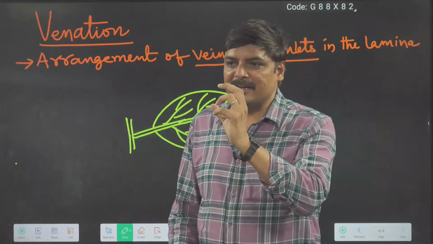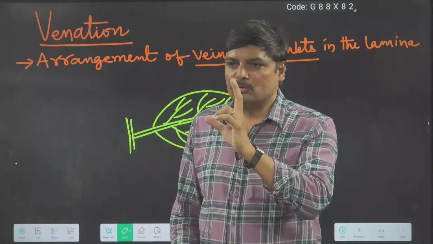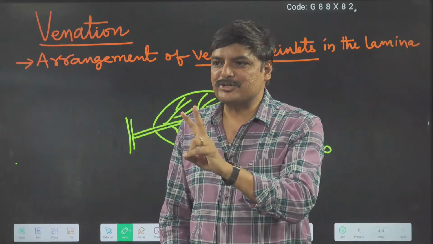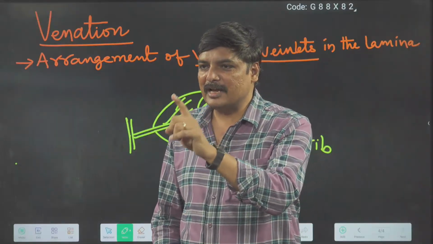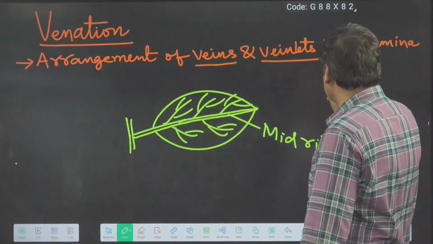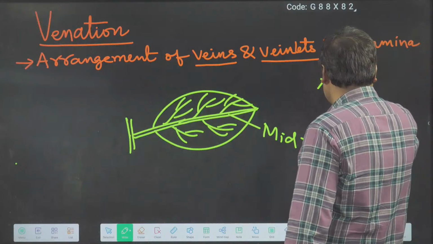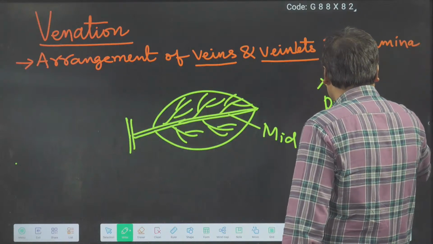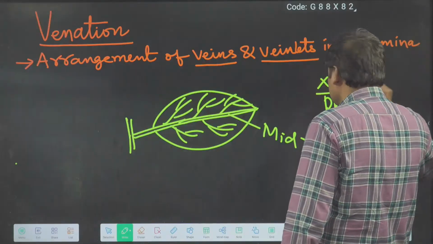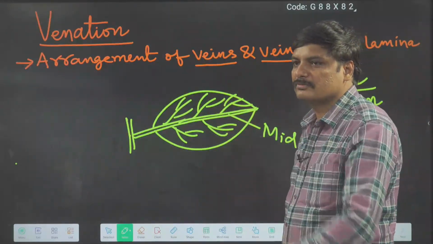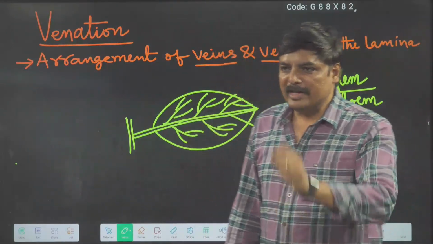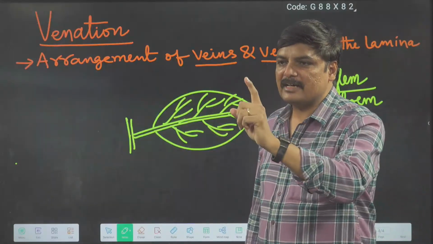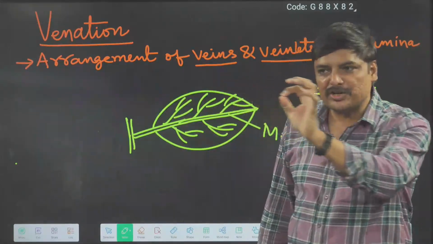Veins carry two vascular tissues, also called conducting tissues, called xylem and phloem. I told you already in the last class. Veins represent vascular tissues. Veins contain xylem and phloem. Veins act as transporting channels.